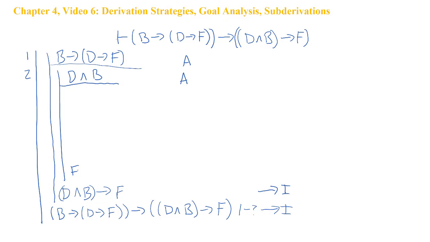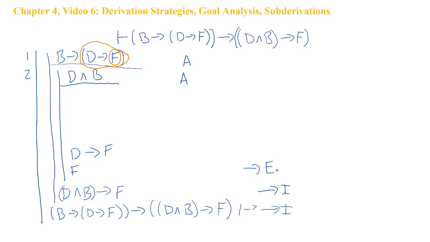Now F, in that third to last line, doesn't have a main connective, so I can look above and see where it might come from. And in fact, I see that it's here. It in fact is the consequent of a conditional, which is itself the consequent of line 1. So that strongly suggests that F is going to come from D arrow F by some sort of arrow elimination.